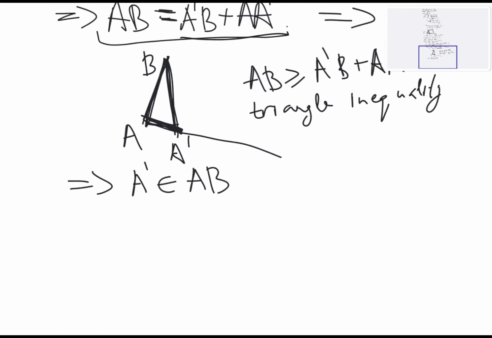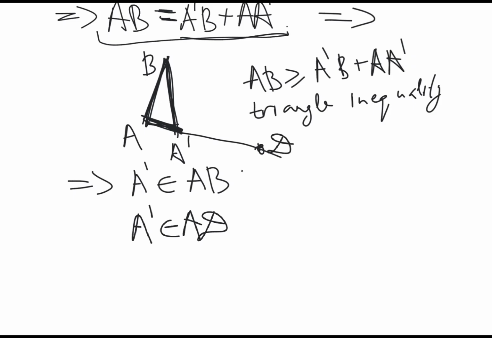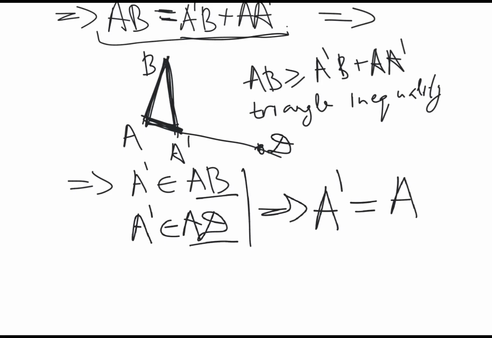A prime also belongs to AD, D is somewhere here on this picture. From these two we conclude that A prime is equal to A, because the intersection point of these two lines is only the point A.